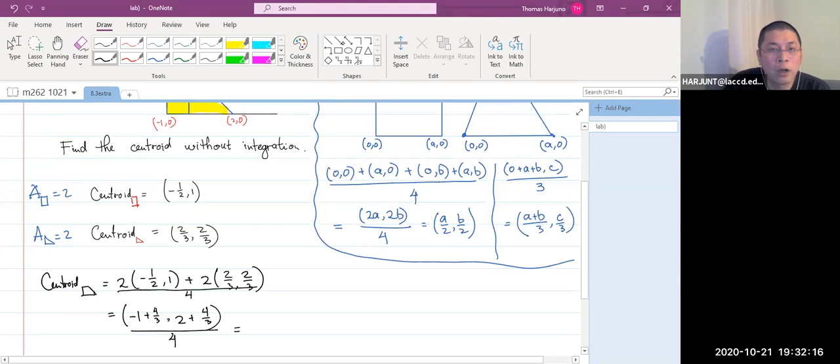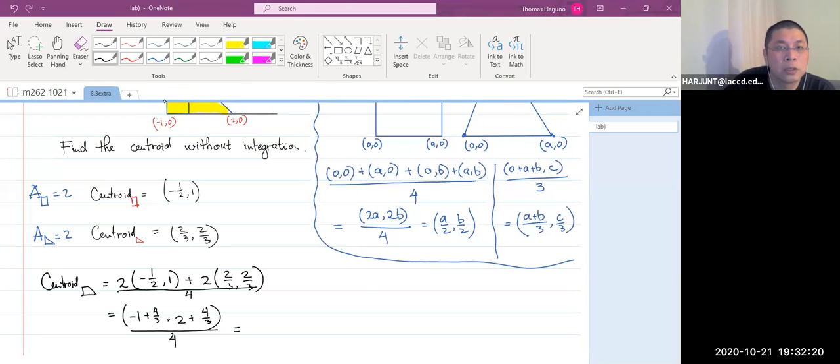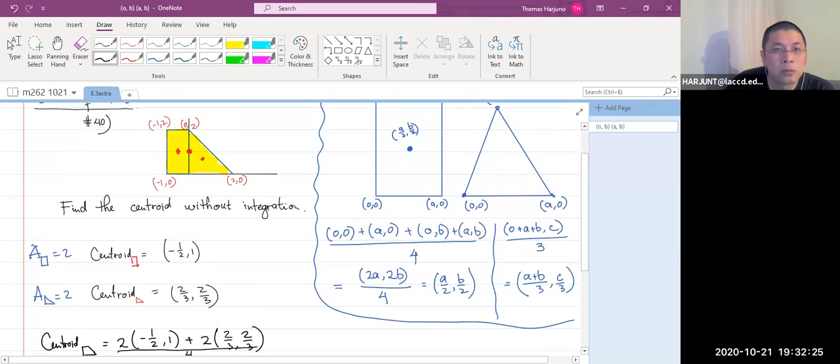Negative 1/2. The centroid for the rectangle is negative 1/2 comma 1. It's between negative 1 and 0, negative 1/2, and the height is half of that 2.